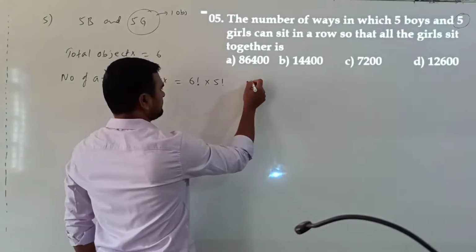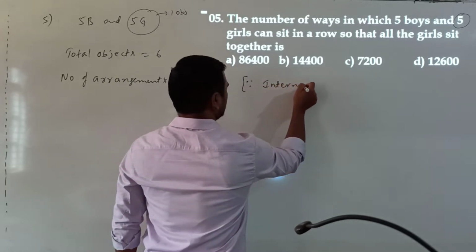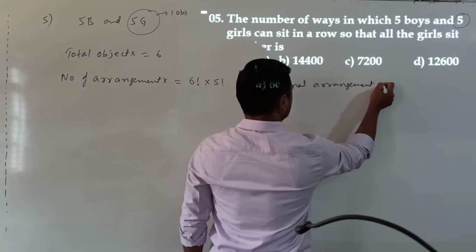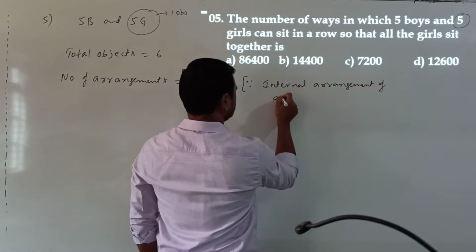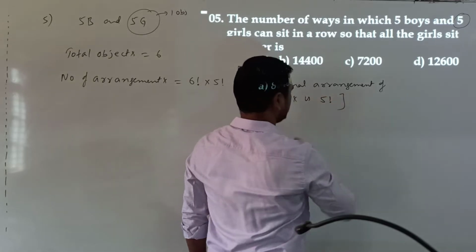Here 5 factorial because the internal arrangement of girls is 5 factorial ways.